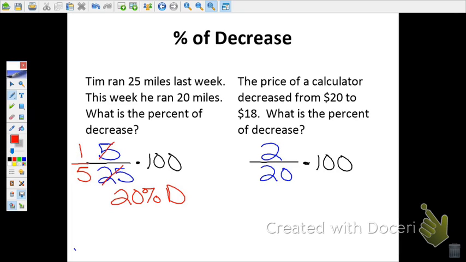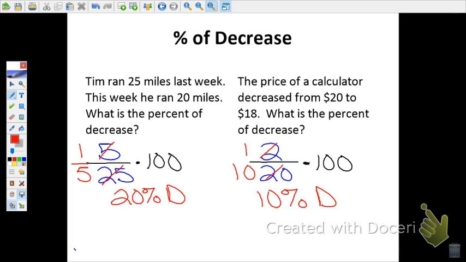Again, easy to simplify. 2 goes in. So 1/10 of 100, or 100 divided by 10, gives us 10%. And again, it is a decrease.